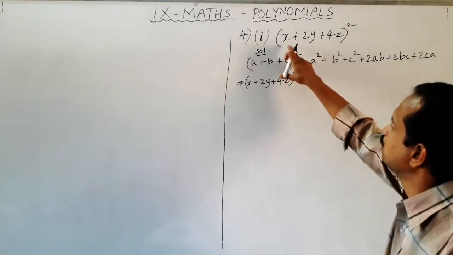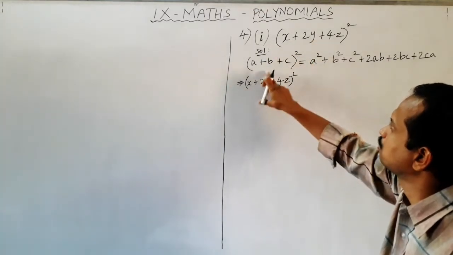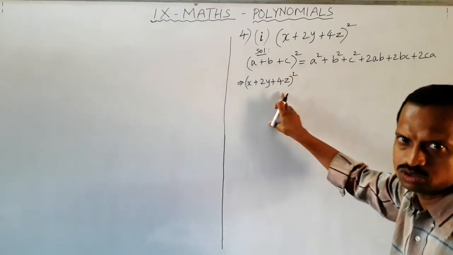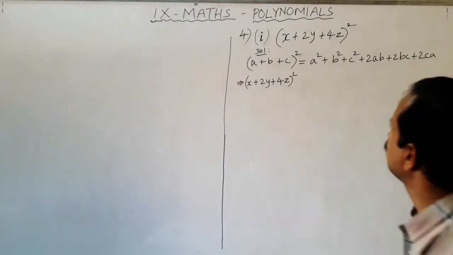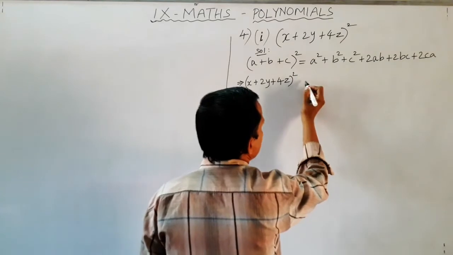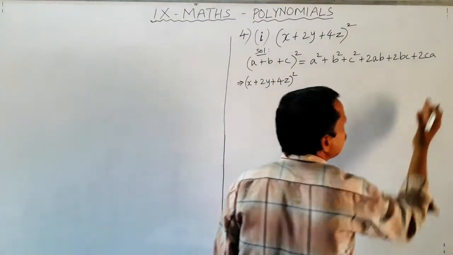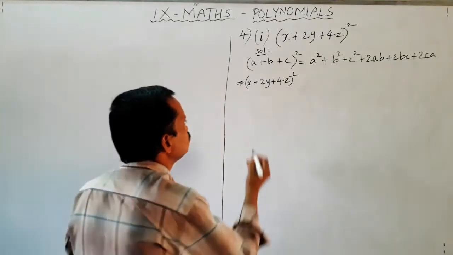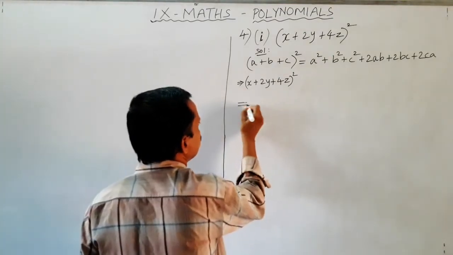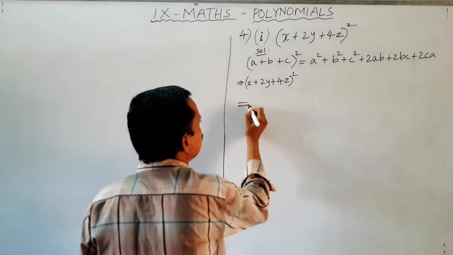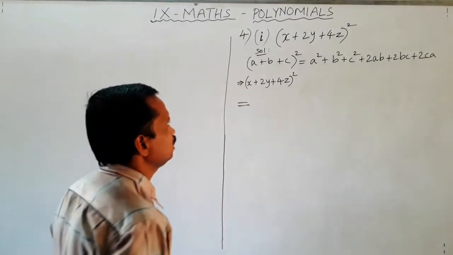So for this one, a means x, b is 2y, c is 4z. So like that you have to consider and apply. So you put an equal sign here and write what is a, x.